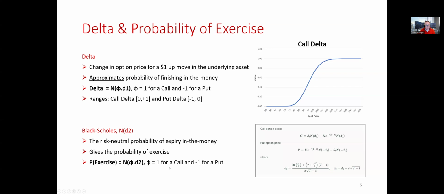Now, one thing to note about this, we said that in many cases, the probability of exercising an American option early is going to be pretty low. I mean, you either have very large dividends for a call, or you're deep in the money for a put, and interest rates are high.